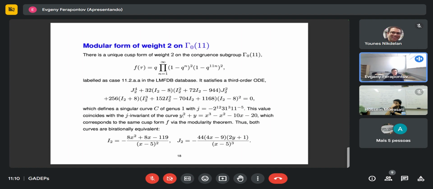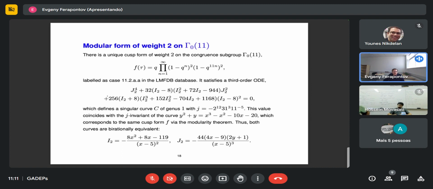For this curve in more or less Weierstrass normal form, which corresponds to this modular form via the modularity theorem. I mentioned this in one of the first slides, that this elliptic curve is uniformized by this modular form, right?